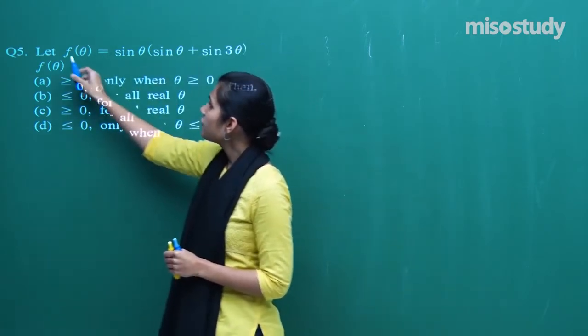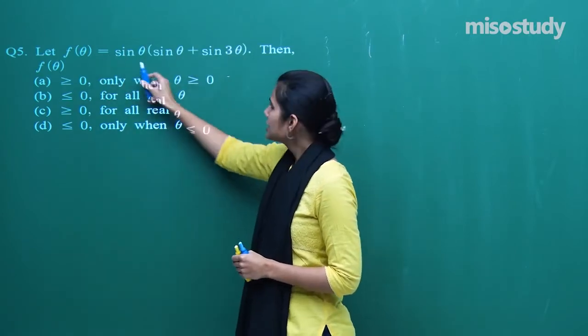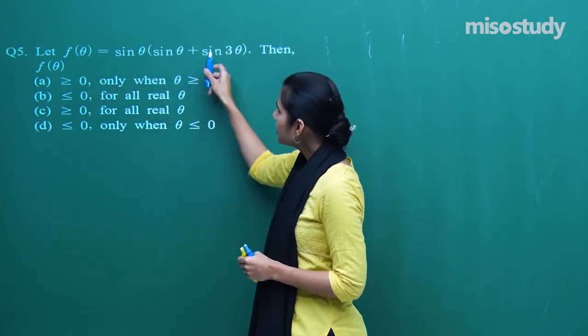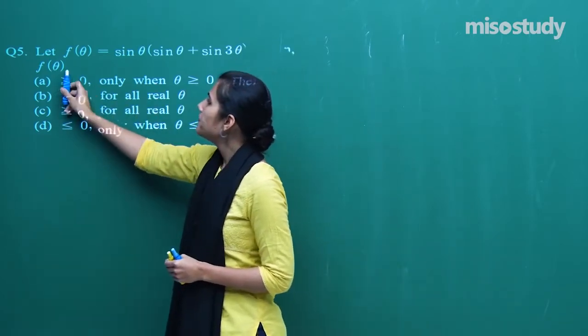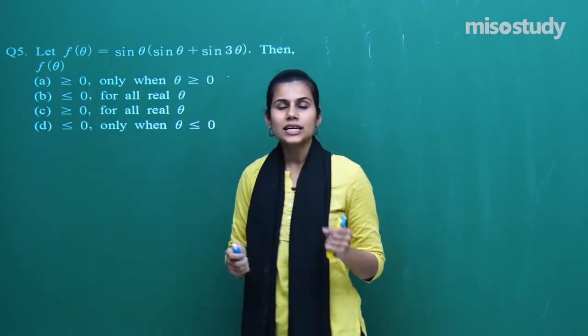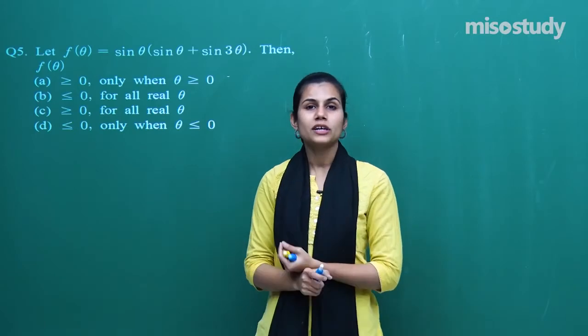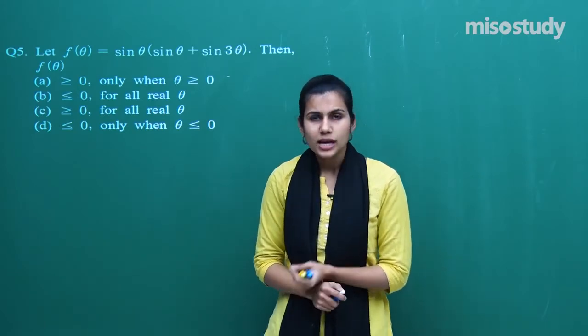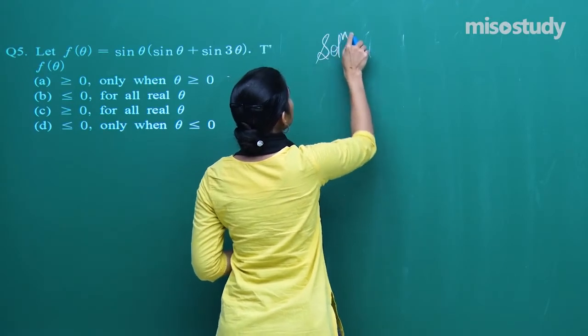It is saying if f of theta is this particular expression, sine theta into (sine theta plus sine 3 theta), then how does f of theta behave? What is its range? That is what the question is trying to ask you. Let's copy f of theta and then start with the solution.